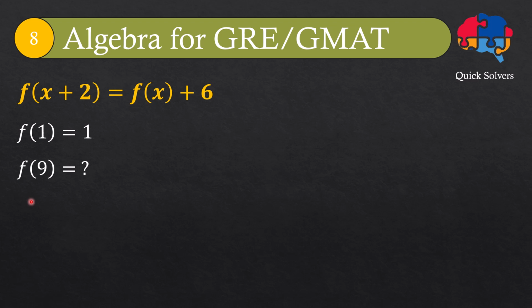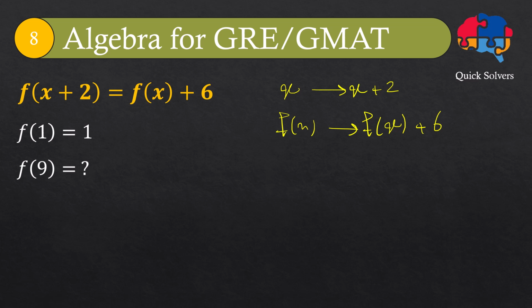In the first approach, we'll look at the function, and this function is telling me that every time I increase x to x plus 2, then f of x will be increased by 6. So this is f of x plus 6, and this is f of x plus 2.